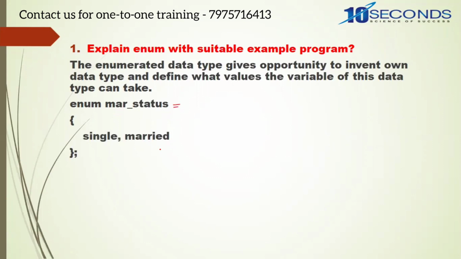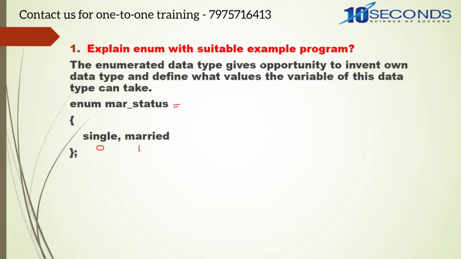And single and married. Automatically, single gets a value 0 and married gets a value 1 by default. Always, the enumerator starts with 0. So integer values, single gets a value 0 and married gets a value 1. So here marital status is a new data type.